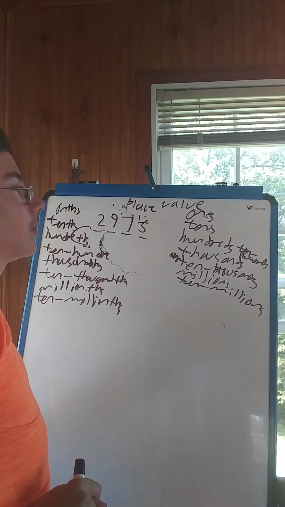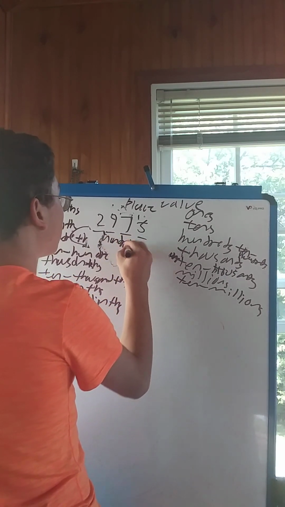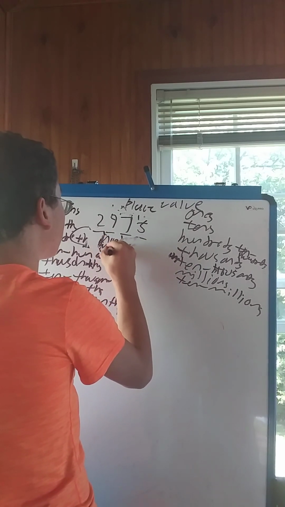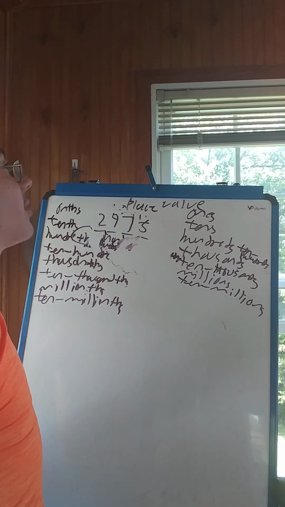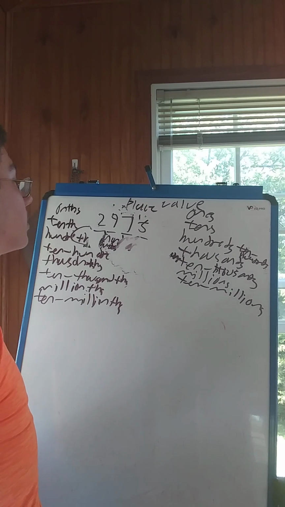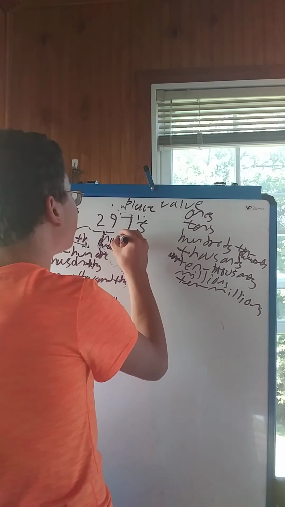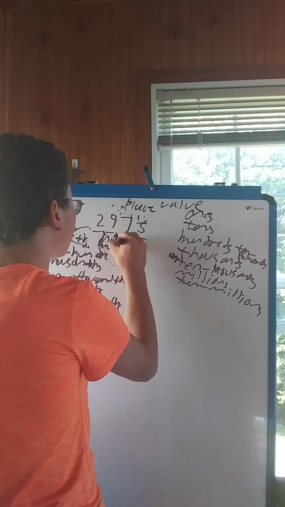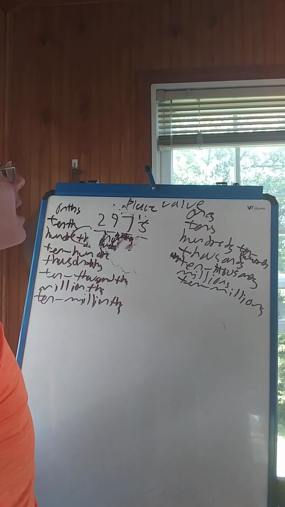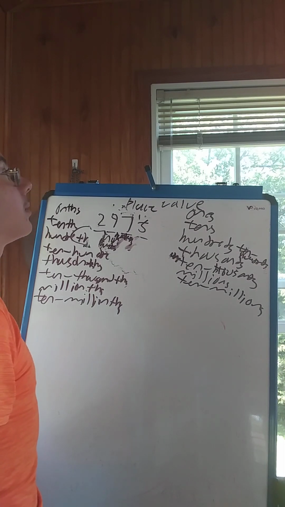Hundreds. Going from left to right, what would the 7 be in? Exactly, the hundredths. Going from right to left, what would the 5 be in? Yes, the ones.